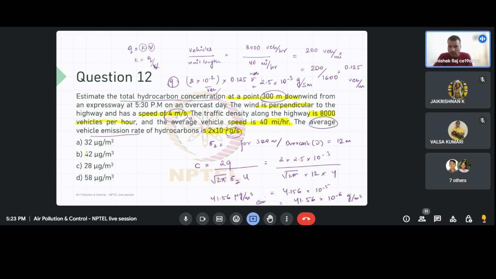So the correct answer here is 42 micrograms per meter cube. That is option B. So I'll stay on the slide for a few seconds in case someone wants to note something down, then we will move ahead.